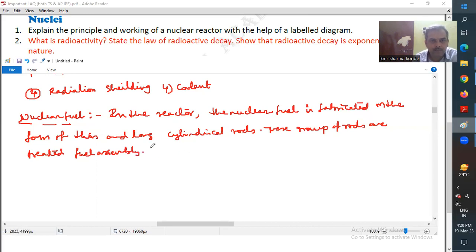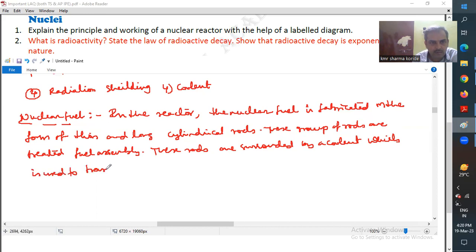Then these rods are surrounded by coolant, which is used to transfer heat produced in them.